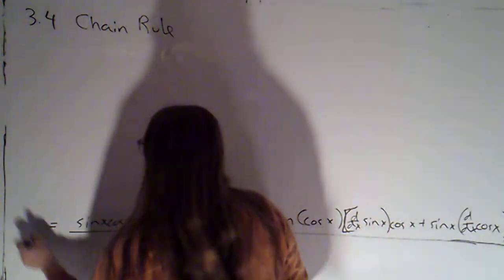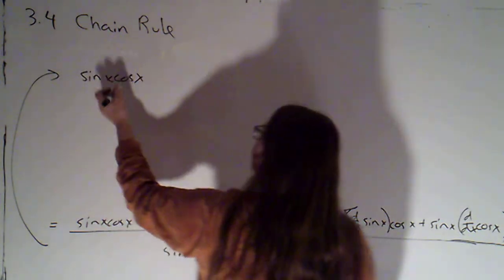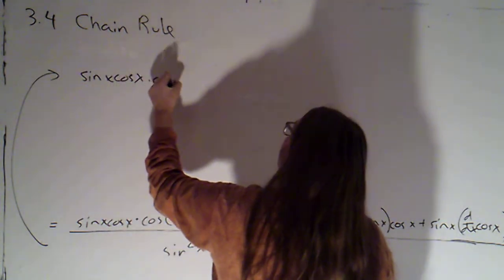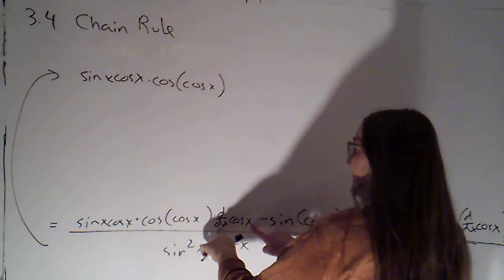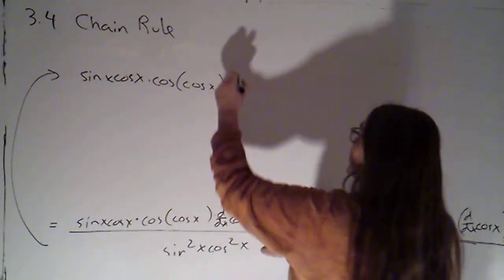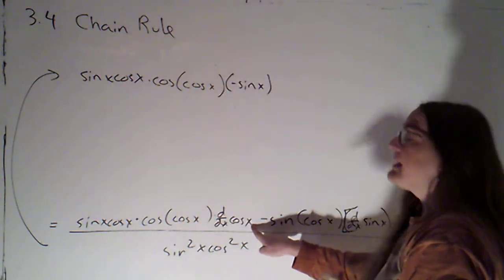Excellent. So I still have some d by dx's to evaluate. So let's see. Just bumping up here, sine x cosine x times cosine of cosine x times the derivative of cosine is going to be negative sine x.